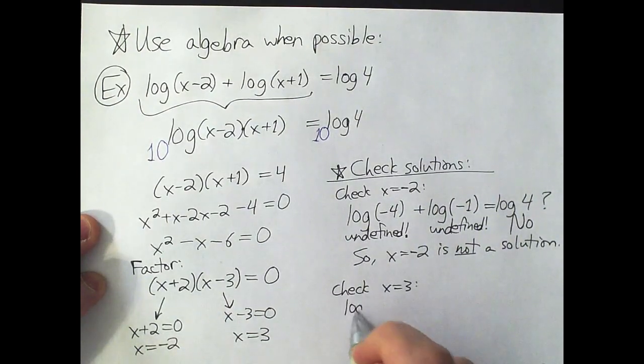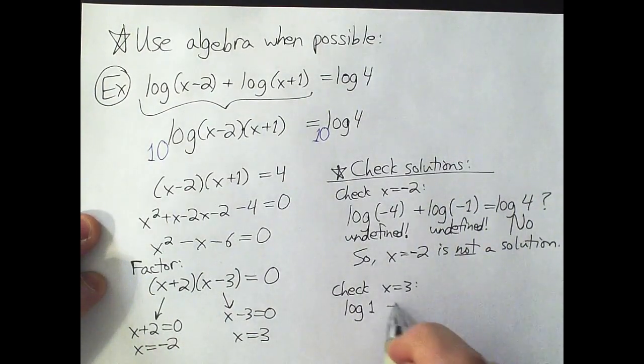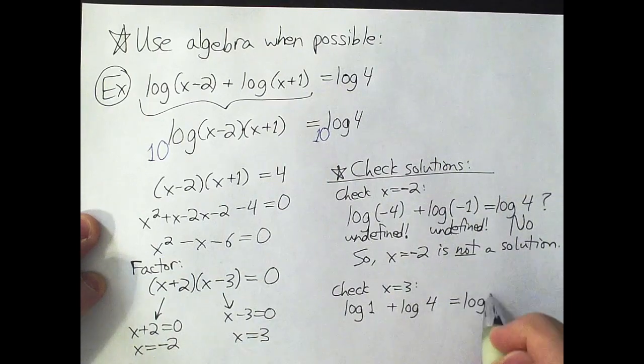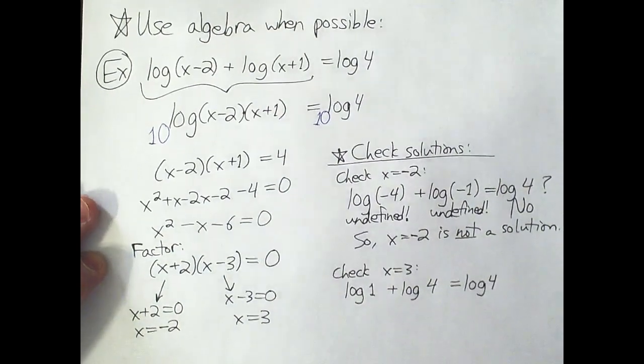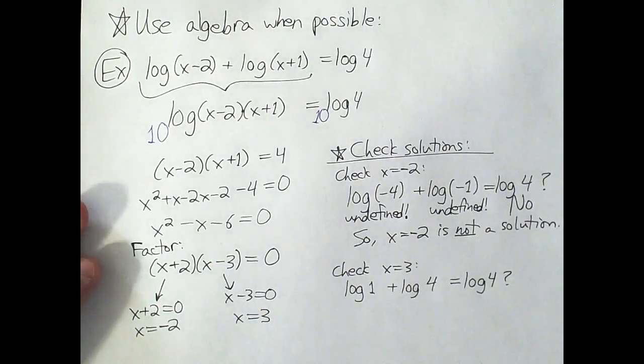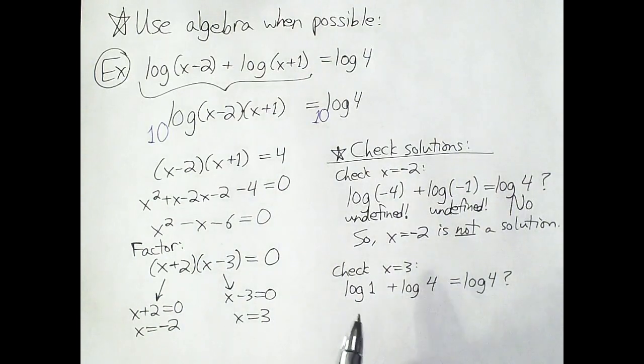In the original equation, this would look like log 1 plus log 4. Those are positive numbers, so I feel good about this. Everything we're taking a log of is positive. Is this true? Does log 1 plus log 4 equal log 4? And yes, that is true. I could see that in 2 different ways.